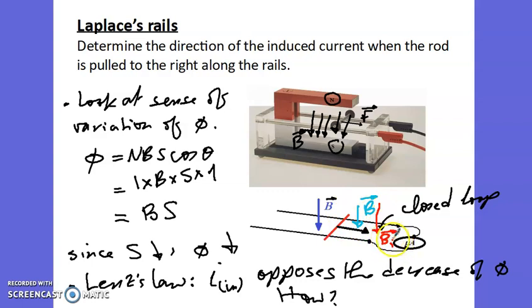Now, third point, applying the right-hand rule. You know now the sense of B induced. You want to know the current. How? This is the thumb. B induced, the thumb is downward.